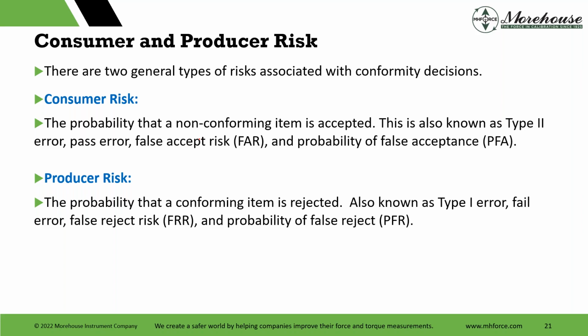No, we can't just say it's one thing, right? Today, we're specifically going to talk more about PFA, which is probability of false accept. But if somebody says these other terms, I put them in there so you would know them. And then we have producer risk, the probability that a conforming item is rejected, also known as type 1 error, fail error, false reject risk, and probability of false reject.